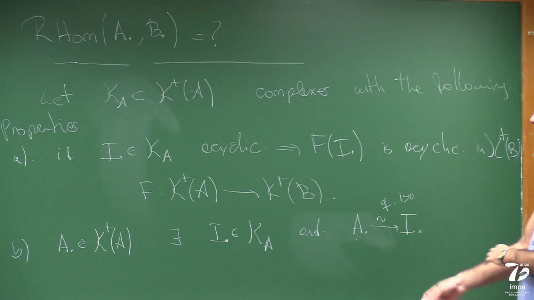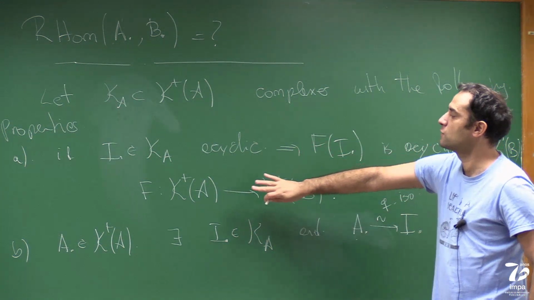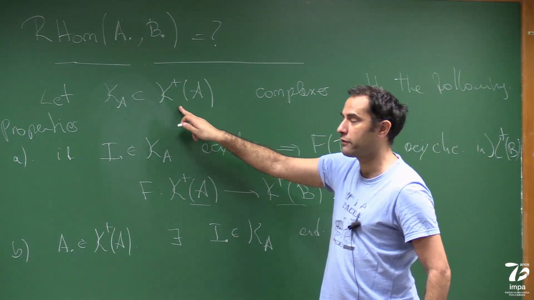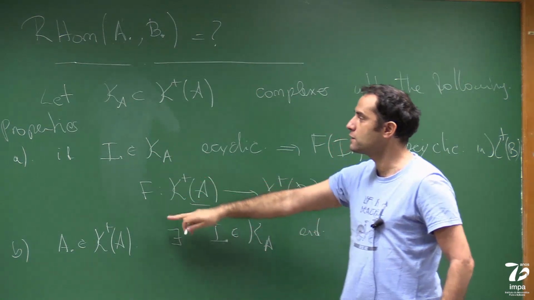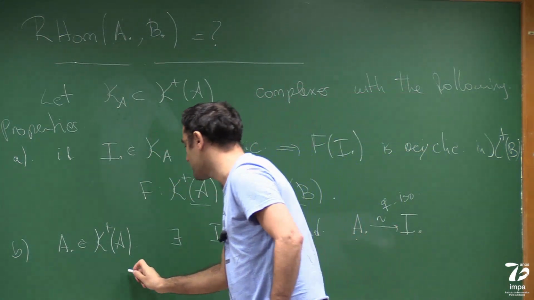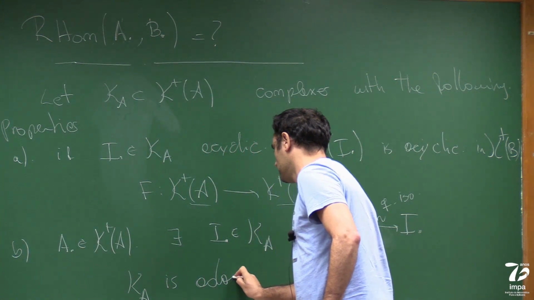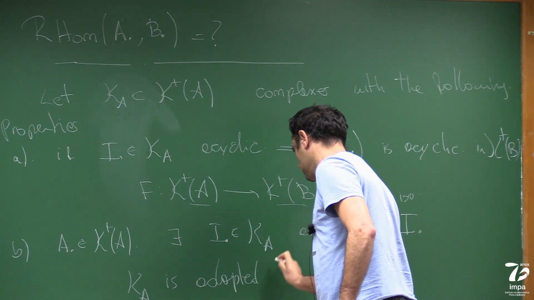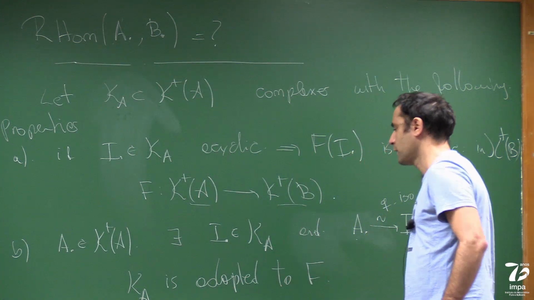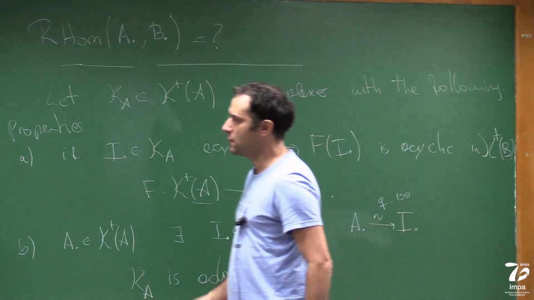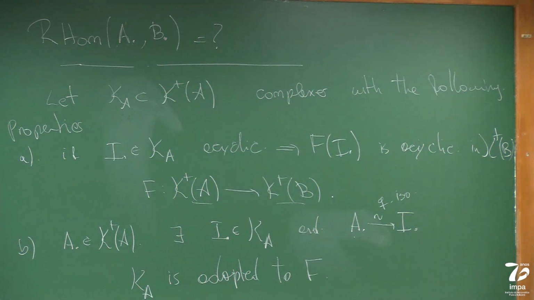Okay, so if I have this situation, a functor between the homotopy categories and a subtriangulated category of complexes satisfying these two properties, I'll say that K_A is adapted to F. And what happens is that in this situation, you can just use that instead of the category of injectives here.